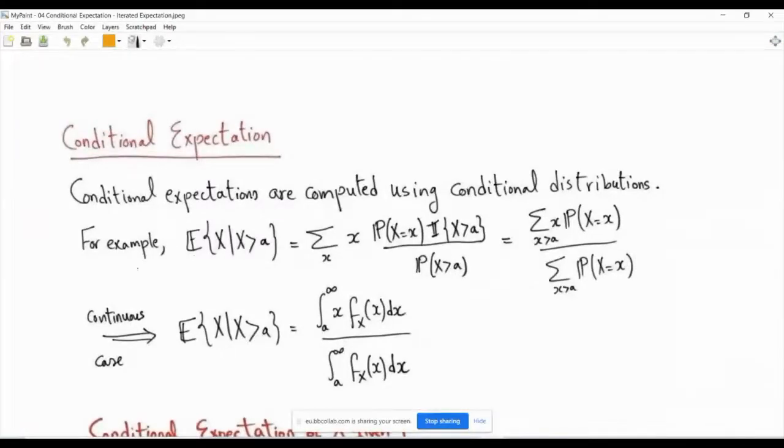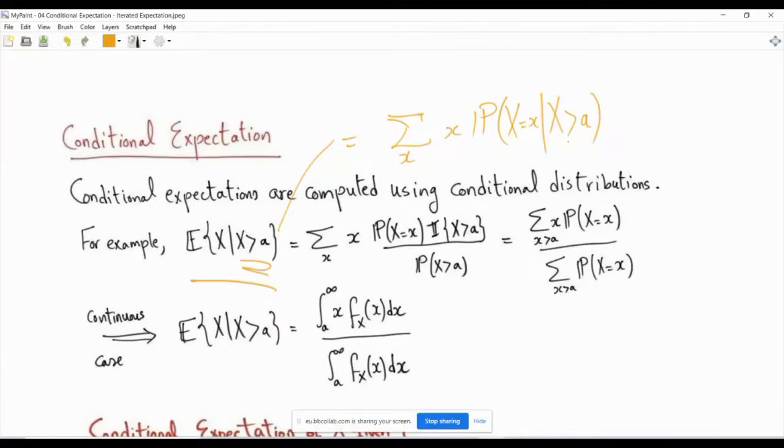So you can do something like this. What is the conditional expectation of x given that x is greater than a? Let's do it in slow motion. You do expectation, so you sum over the possible values of big X, and you have x here. But since this is conditioned on this event, you need to use the probability that big X equals small x, given that big X is greater than a.